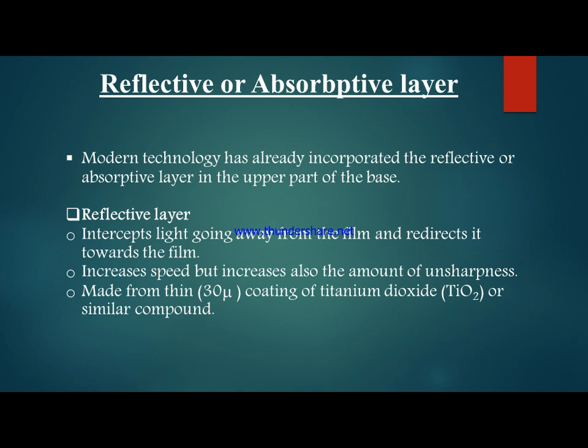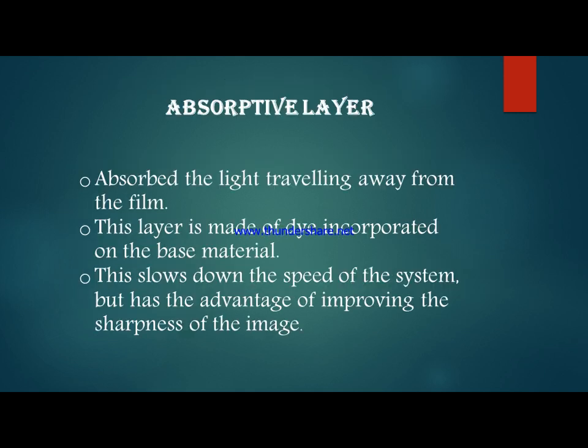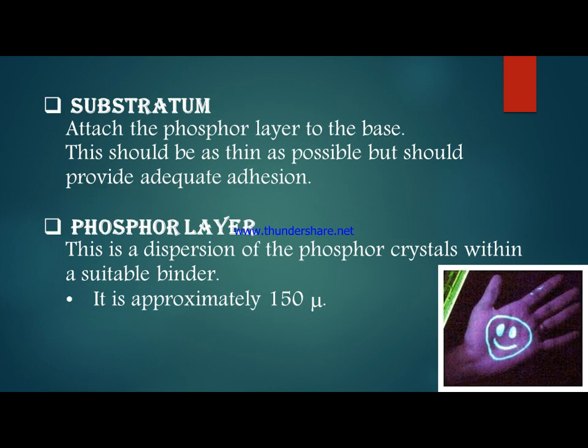It is made up of a thin coating of titanium dioxide or a similar compound. Another one is the absorptive layer, which absorbs the light which travels away from the film. This layer is made up of dye incorporated in the base material and always slows down the speed of a system, but has the advantage of improving the sharpness of the images.